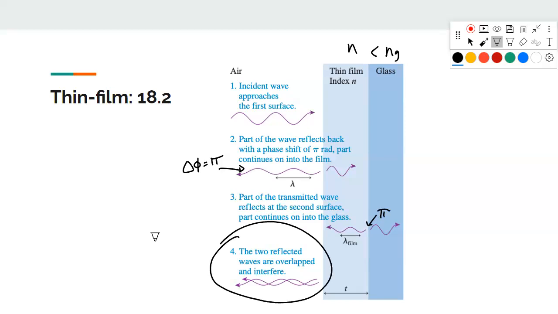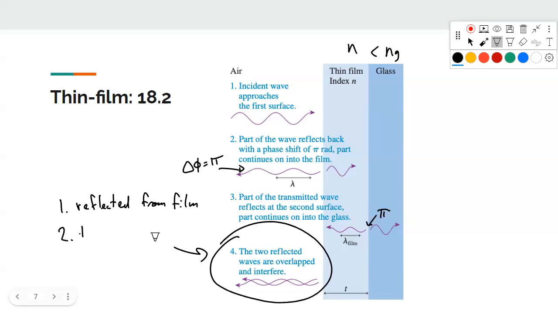And so this is a multi-step process, I know, but just to recap, the waves that are coming out at the end, one of the waves just reflected off of the film. The other wave did a couple of things.